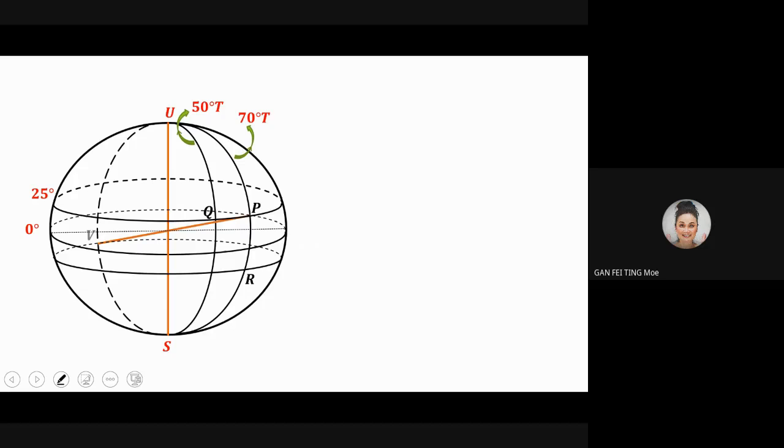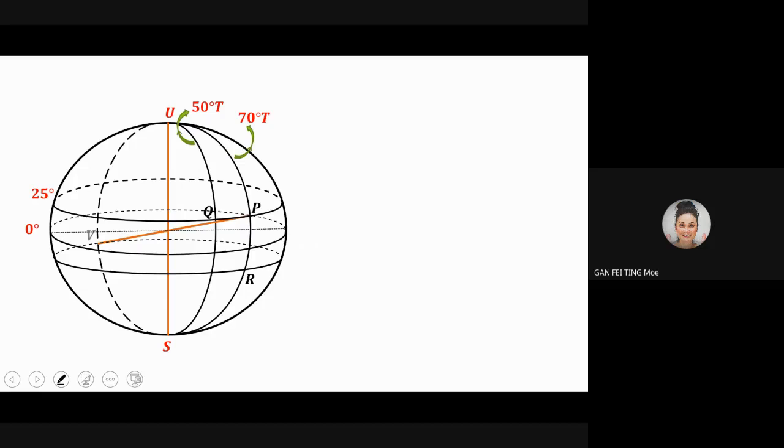One ball, you cut half. That will be the diameter. This is the Earth. When I cut it off, this is the diameter. North, south is the diameter.